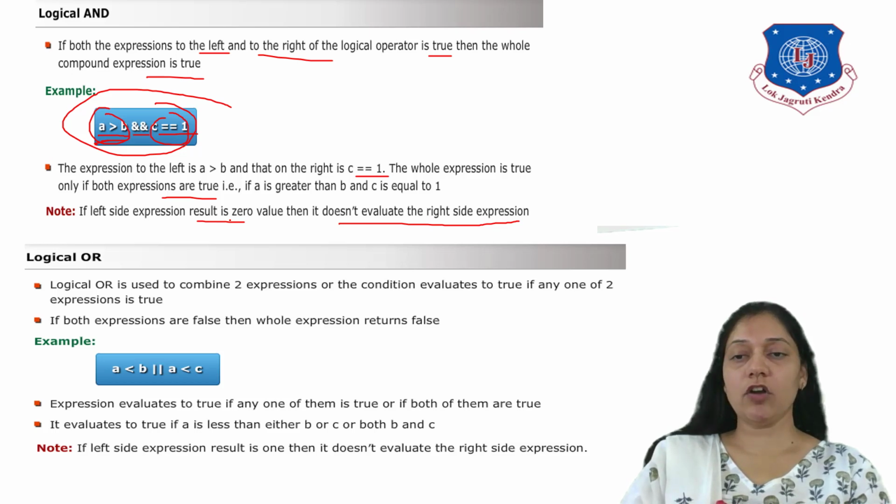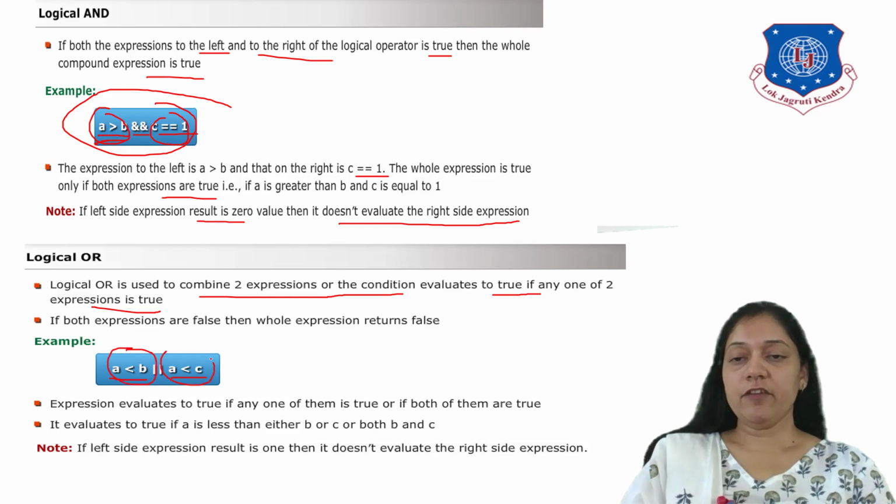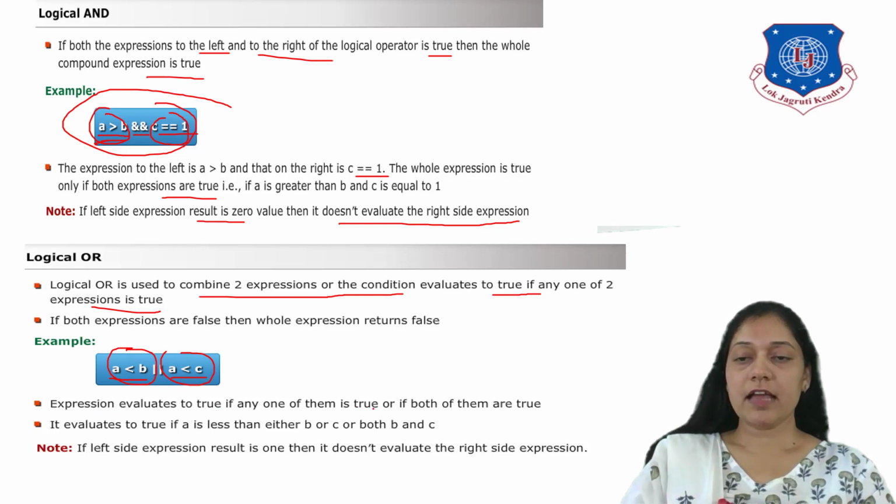Similarly, we have the logical OR operator. The logical OR operator is also used for checking multiple conditions in your program. But in this case, the output would be true if any one of the expressions is true. So if you have a left expression and a right expression, if any one of these is true, then the output would be true. If both of these expressions are false, then only you will get the output as false. So the expression evaluates to true if any one of them is true or if both of them are true.